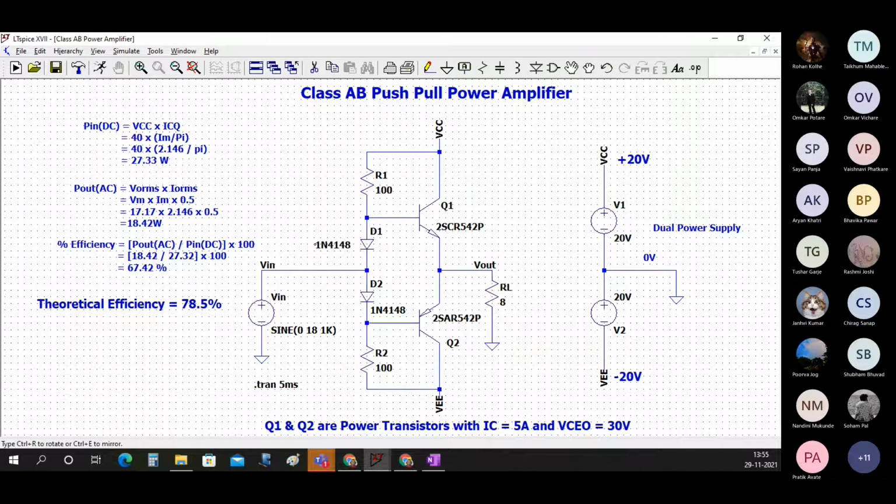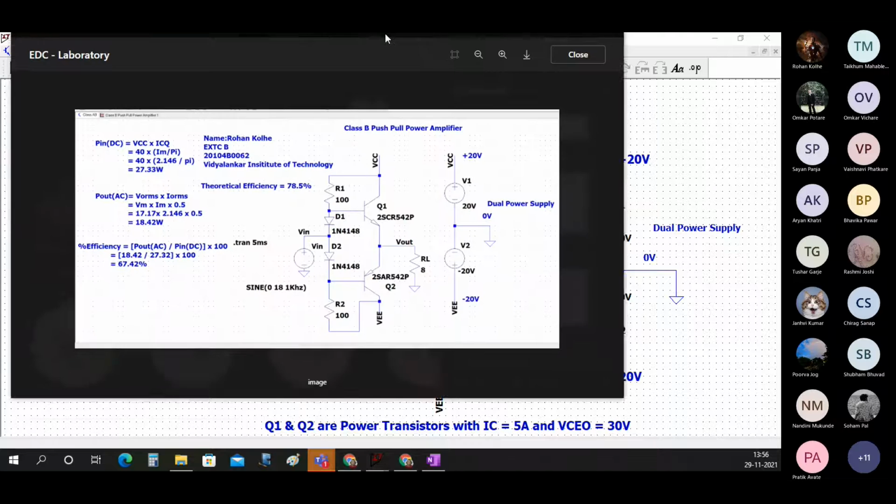So here you can say B1, this is B2, 100 ohms. And just name this class AB here.